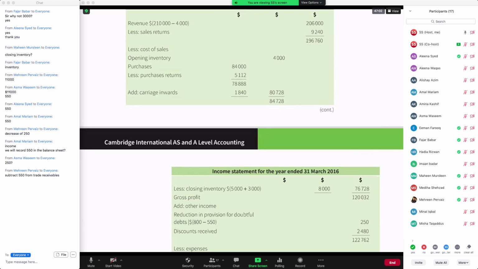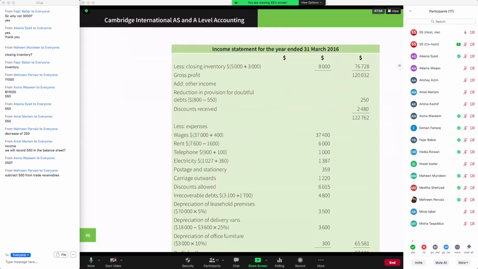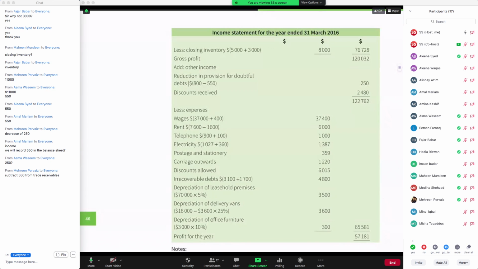Hadia as well. Let me show you the answer till the end so that you can fix any errors. So I hope all is correct. If there are any issues, try fixing those. If you can't fix them on your own, then let me know, I'll explain.